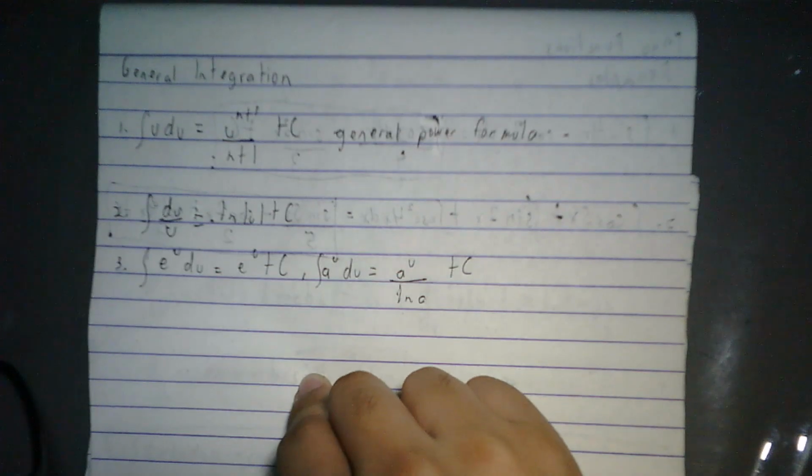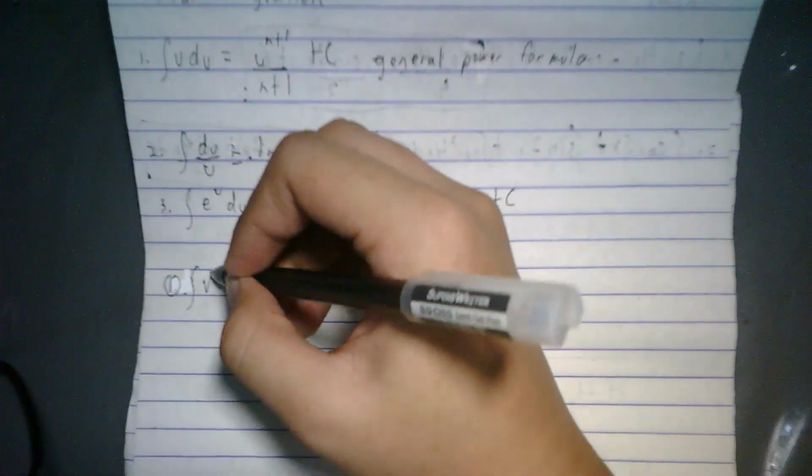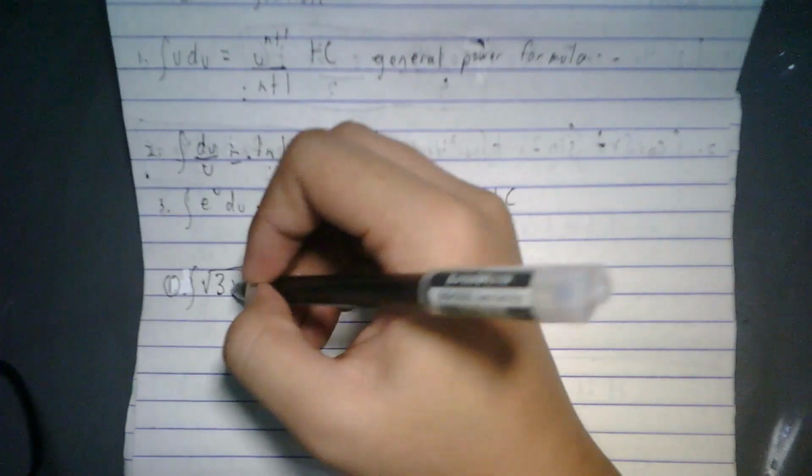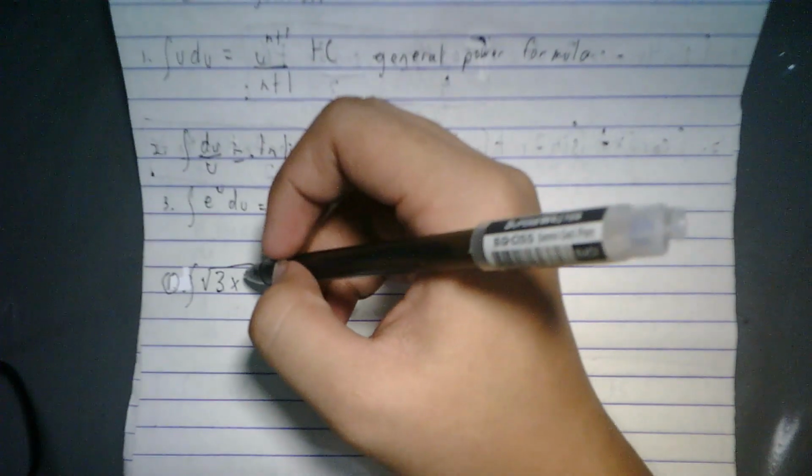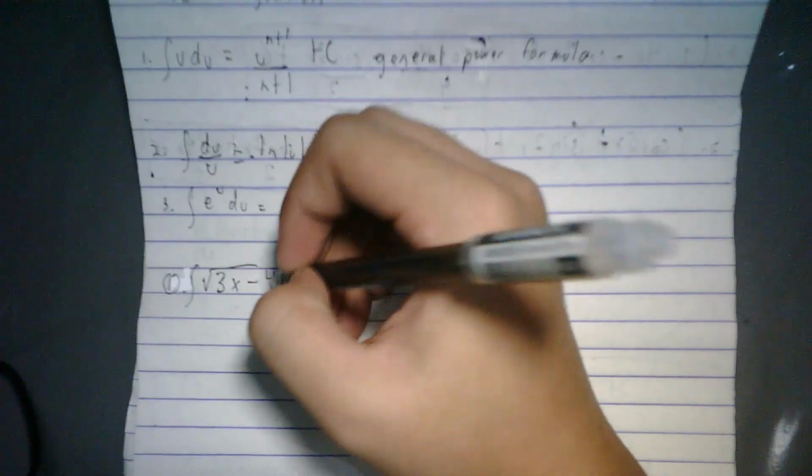So we have our first example. Example number 1: we have the integral of square root of 3x minus 4.